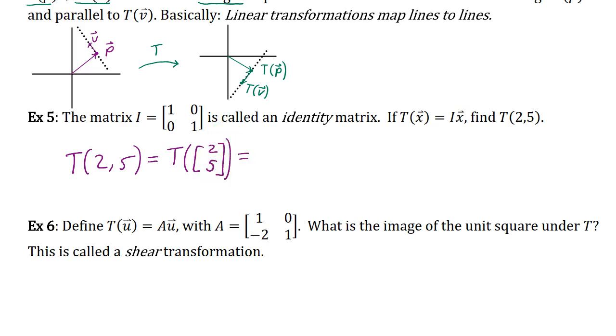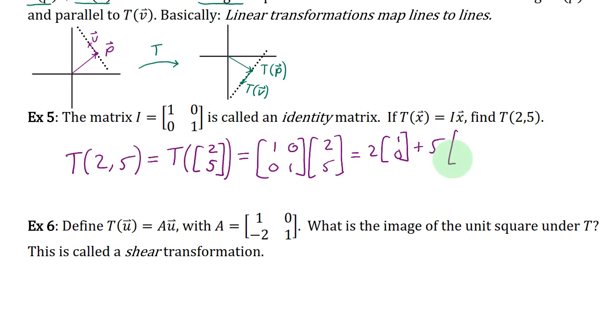And this is defined as the matrix 1, 0, 0, 1 multiplied by (2, 5). And we do the usual rules for multiplying a matrix times a vector. We're going to do 2 times this first column, which gets you 2 times (1, 0), plus 5 times the second column, which is 5 times (0, 1).